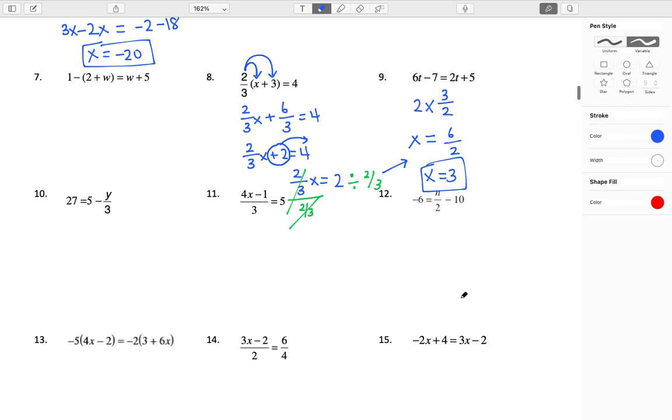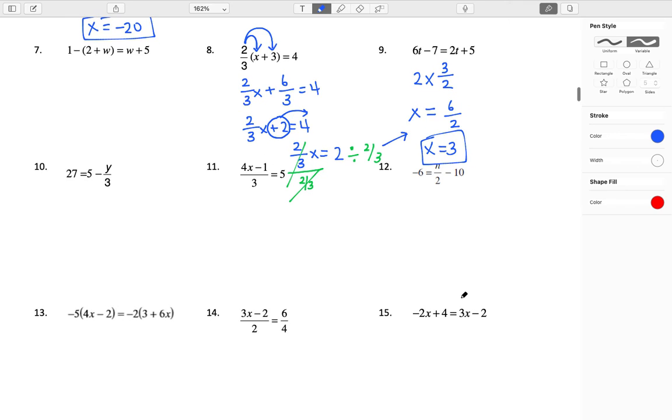Okay, now what about if you were to have, let's say, a fraction equal to a fraction? So take a look at number 14. So when you have one fraction equal to another fraction, you can do something called cross multiplication. So we cross multiplying.